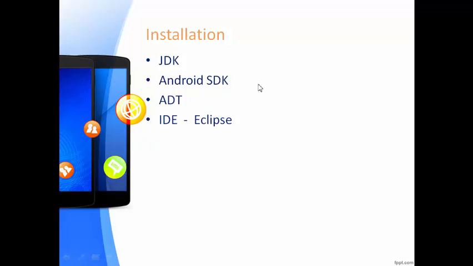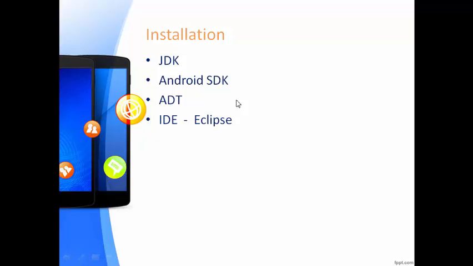You will get the ADT bundle which contains the Android SDK, ADT, Android development tools, and the IDE. You have to download the JDK separately because Android application development requires Java. So you have to download the JDK and the Android bundle.